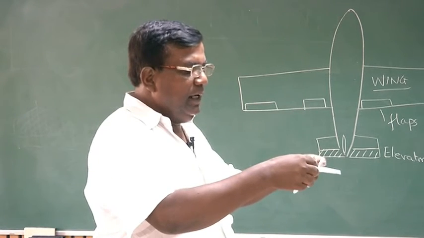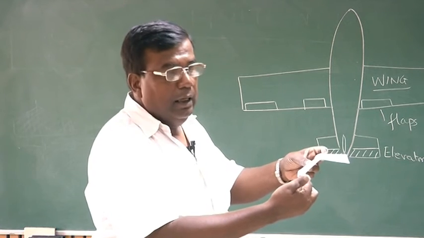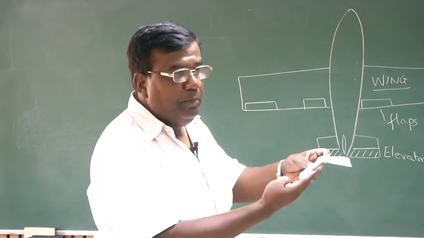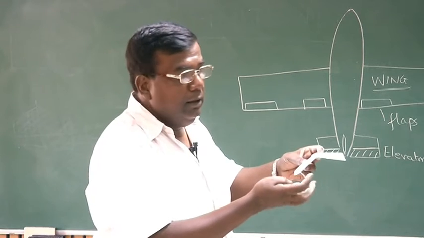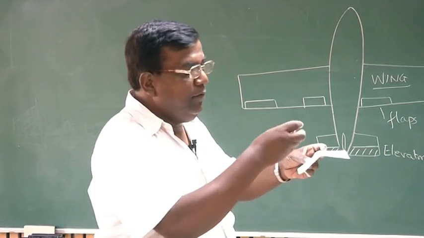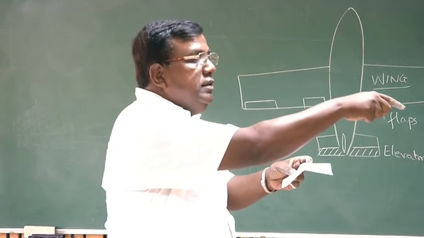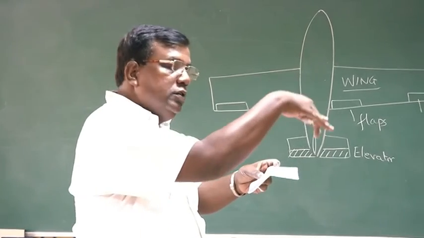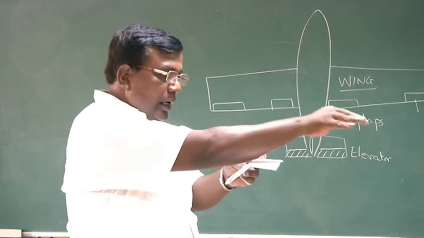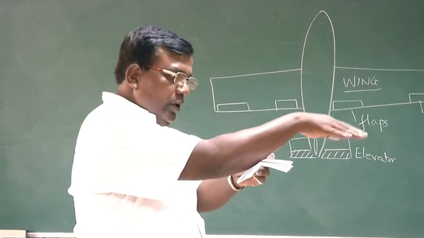If I put the elevator down, what will happen? Again, you see the camber is changed. And as per George Calais, now this portion is having an angle, but I will explain as if the camber has changed. So the lift will increase here. As the lift increases here, the CG is somewhat in front, so it will give a nose down moment. The airplane will now go down. That is, if I put the elevator down, the aircraft will go down like this.